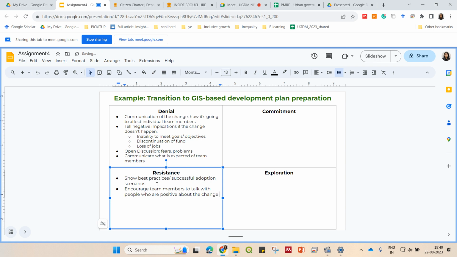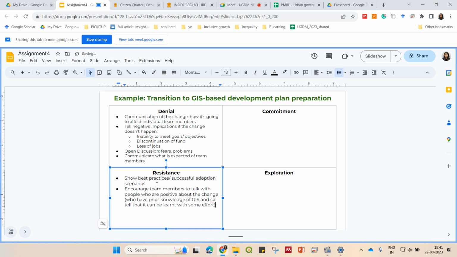In this scenario, maybe people who have some prior knowledge of GIS can tell that it can be learned with some effort.